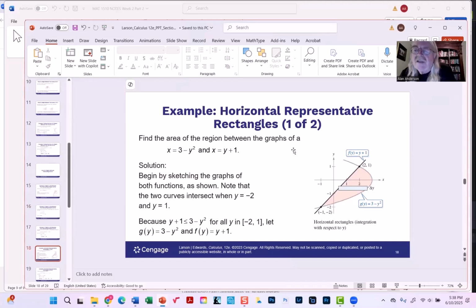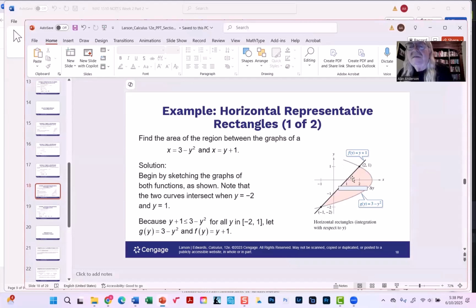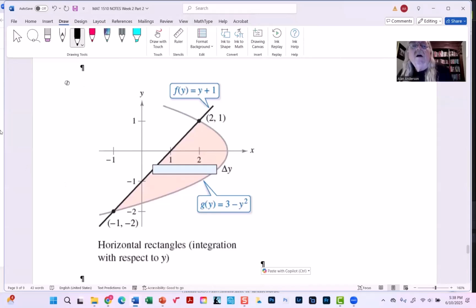Now it gets interesting. If you notice the way the curves are laid out, we're going to have to take a different approach here. Now here's what they want you to notice.